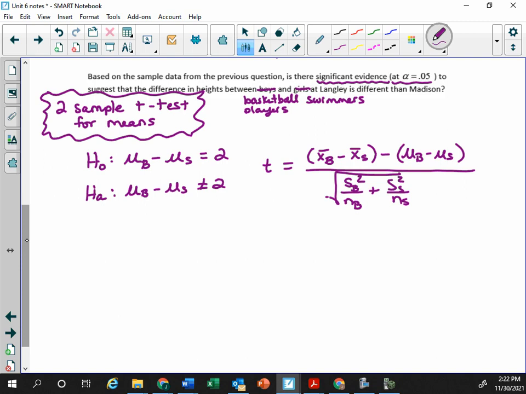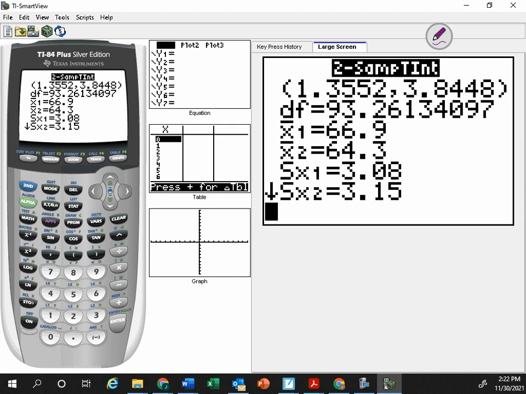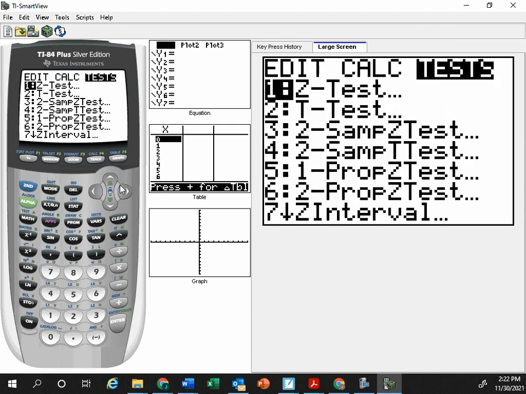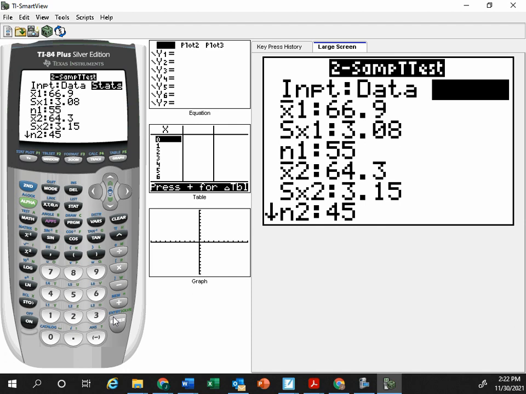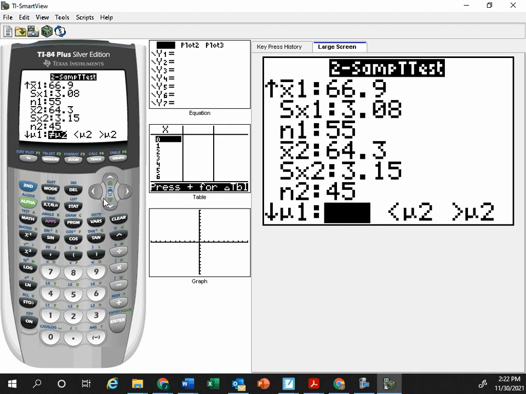Okay, now I would love to tell you that we're going to just do this all on our calculator and do the test there, but we're not. So let me just show you on my calculator why it won't work. I know it's disappointing. If I go into the test here and I do 2 sample t-test, and put this information in, it all looks great.